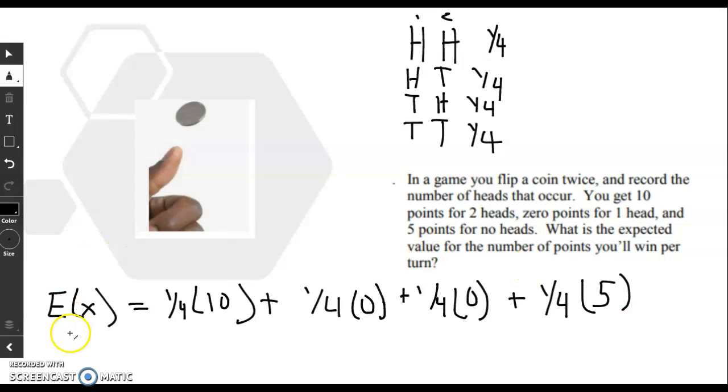So the expected amount of points that I should get from flipping a coin, if I multiply this and add them all up together, is 3.75 points. So not money this time. This time we're just dealing with points.